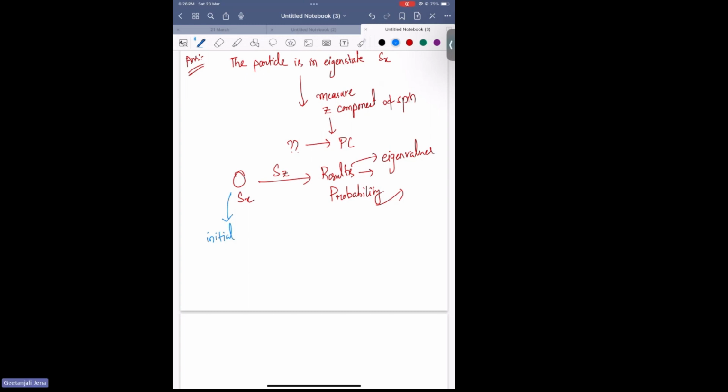Is my screen frozen? It seems my screen is frozen. Are you able to see my screen? Why is it not moving? The screen is gone.